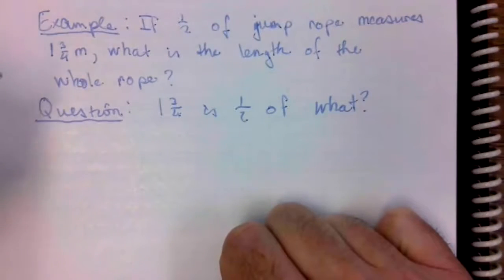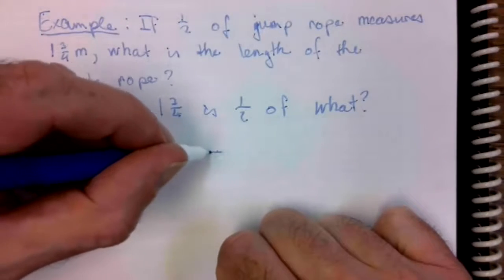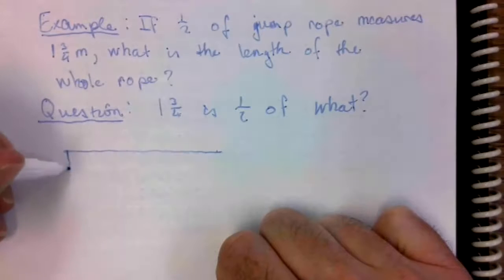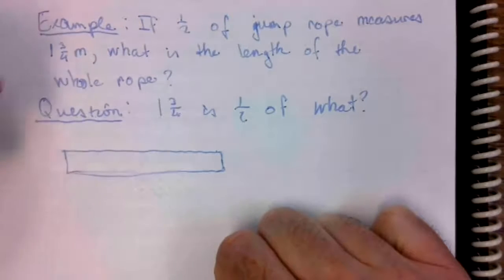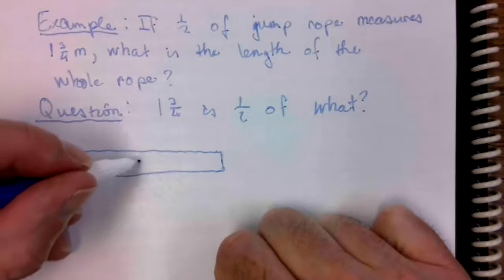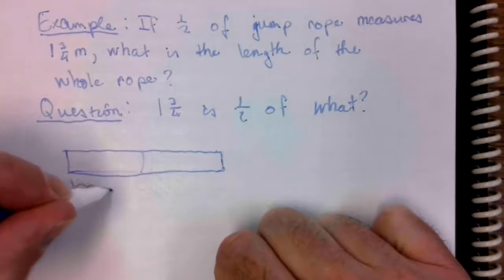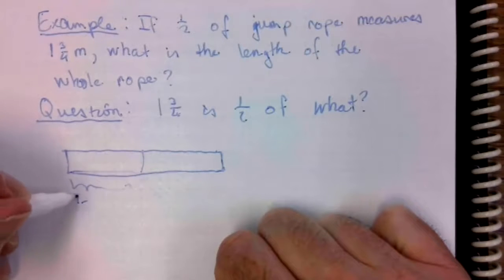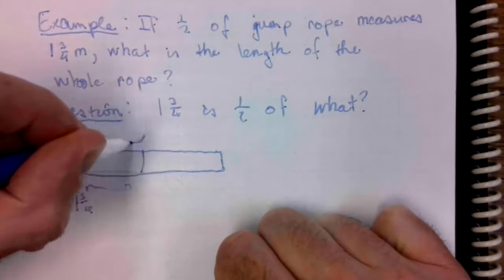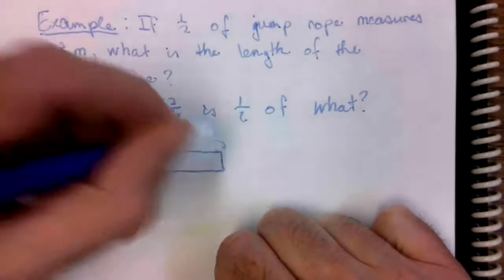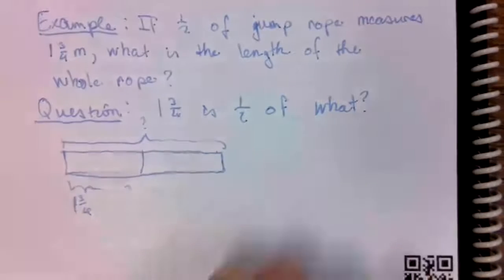Okay, so we're trying to figure that out. So we have this whole length here. The 1 3/4 corresponds to this, and the question we're trying to figure out is what is the entire length?